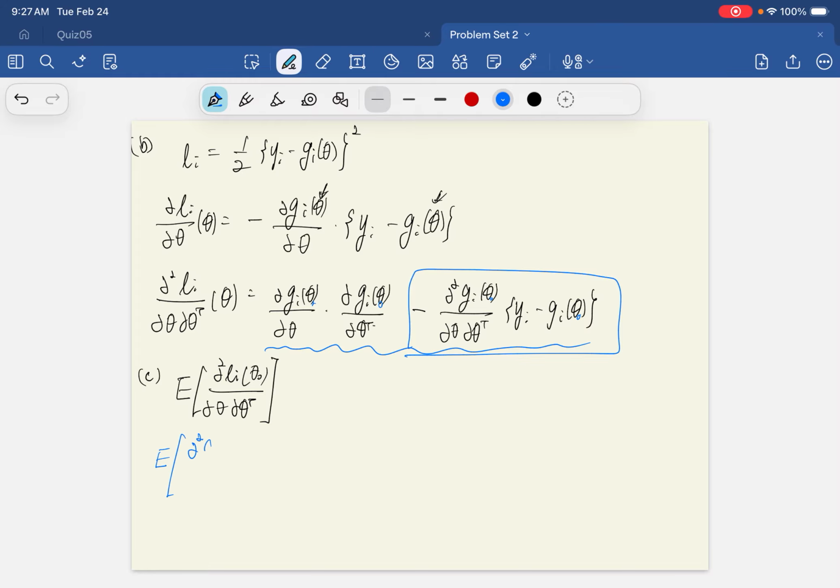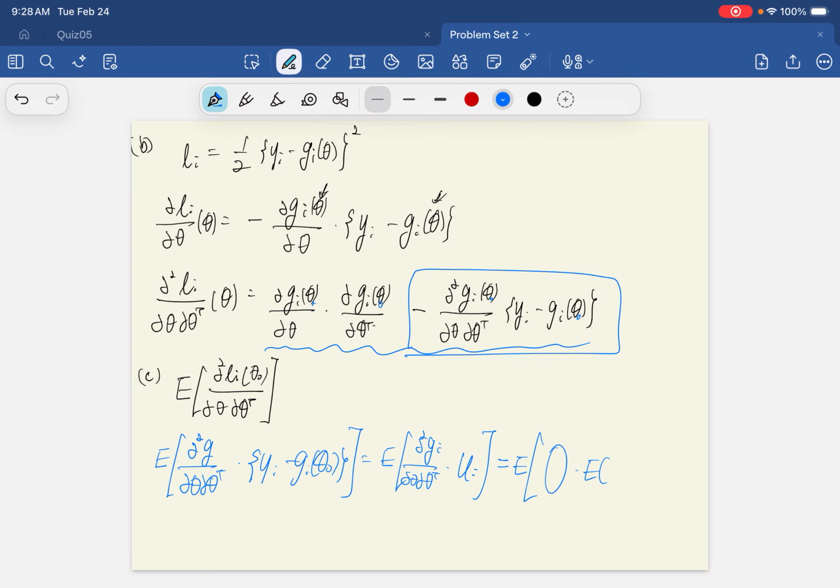The expectation of Yi minus Gi theta 0 is the expectation of the second derivative times u, and then by the law of iterated expectations, it is the expectation of the second derivative times the conditional expectation of u, and this is 0 by assumption. So this will disappear.